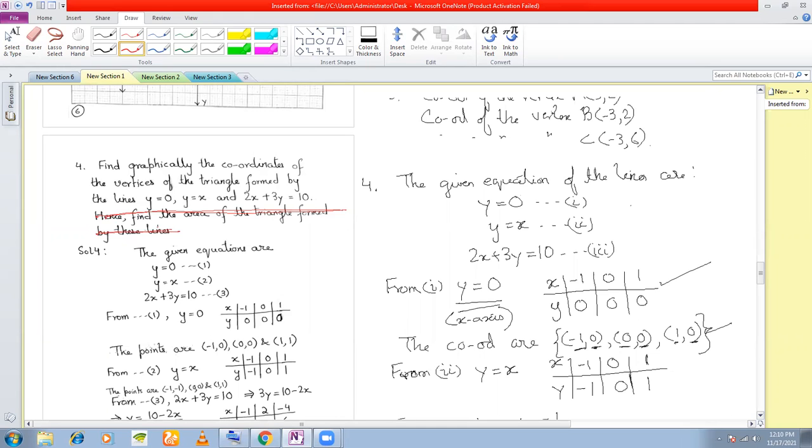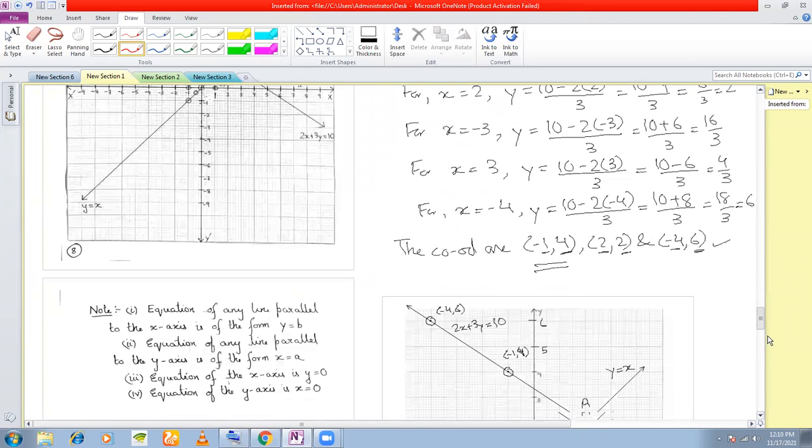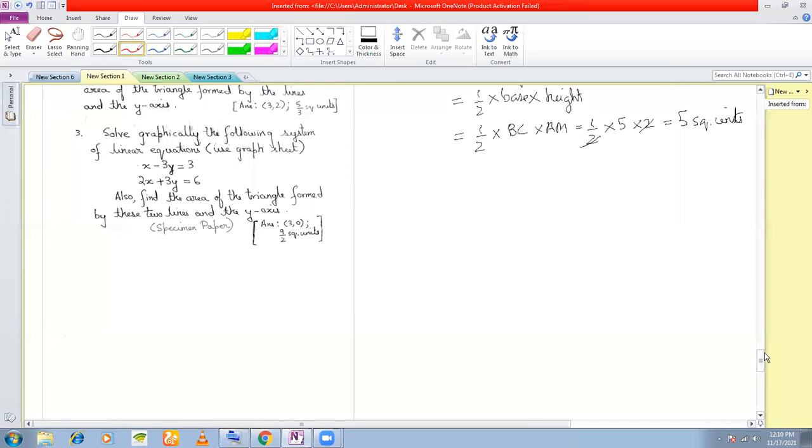The whole question was: find graphically the area of the triangle formed by these 3 straight lines. So I repeat what I said in the beginning, as some of you might not have heard me. Remember the equation of the x-axis is y is equal to 0.